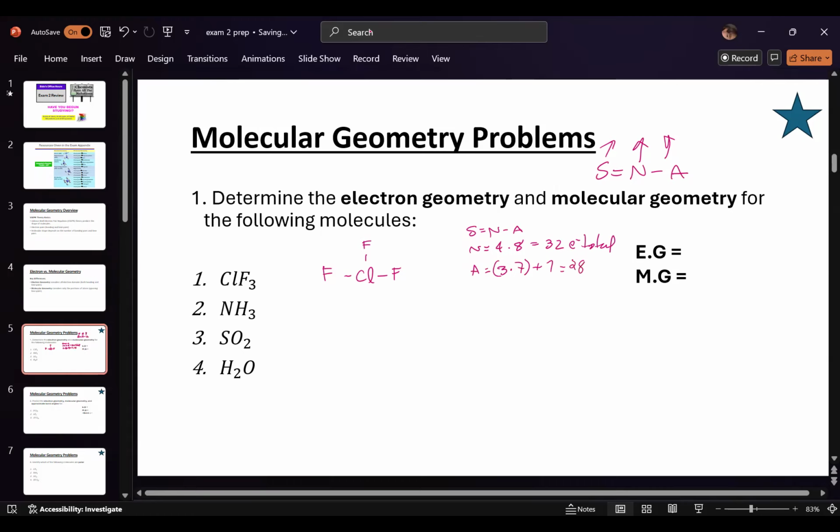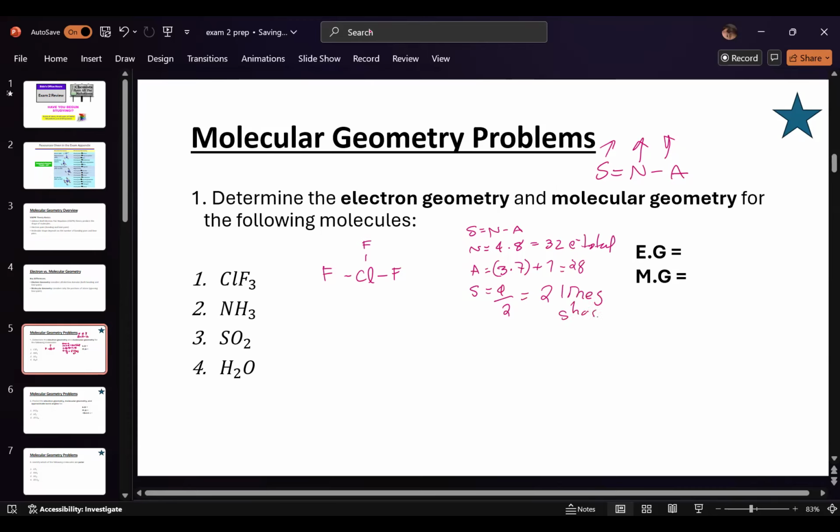Alrighty. And S equals N minus A, where 32 minus 28 is 4. When I divide that by 2, because there are 2 electrons in a single line in Lewis structures, it's just 2 lines shared.